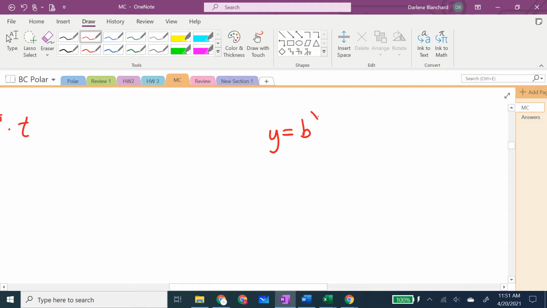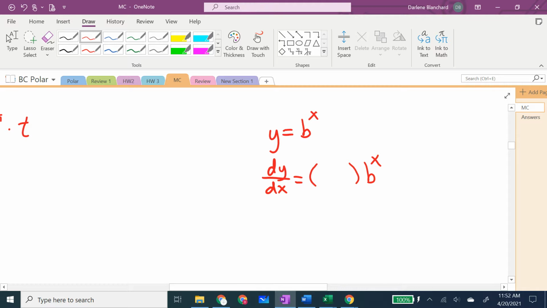So if you have some base number b to the power of variable x, and b is a positive number, the derivative is a constant multiplied by the function itself.